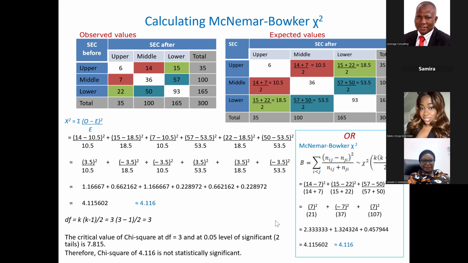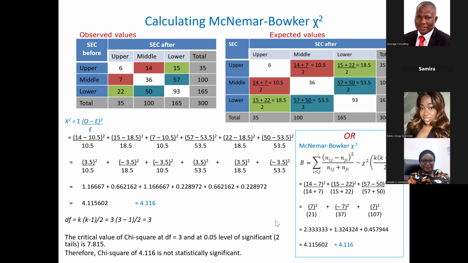Before the COVID-19 pandemic, we have 35 that are in upper. We have 100 that are in middle. 165 in lower.